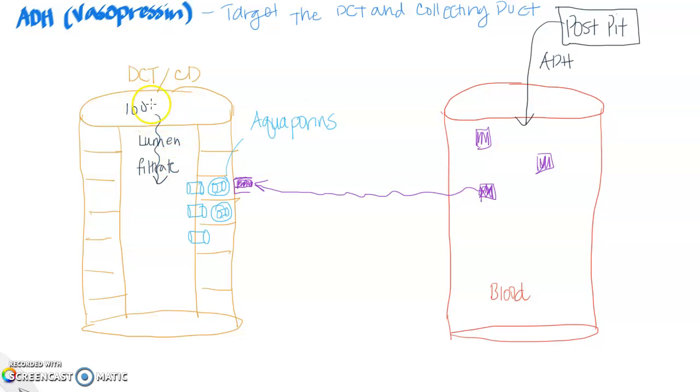So now we have this 100 milliosmol filtrate coming in here. And don't forget, keep in mind that the collecting duct goes down into that weird medullary osmotic gradient.